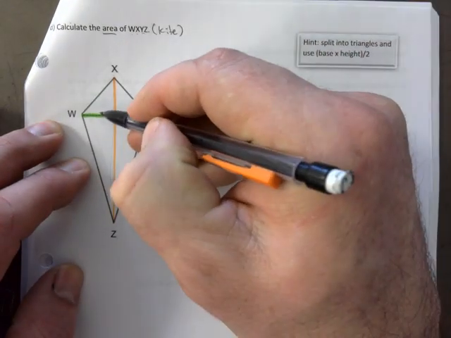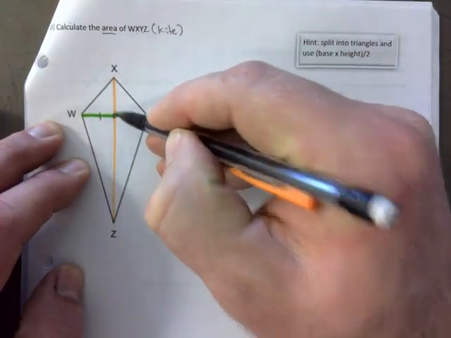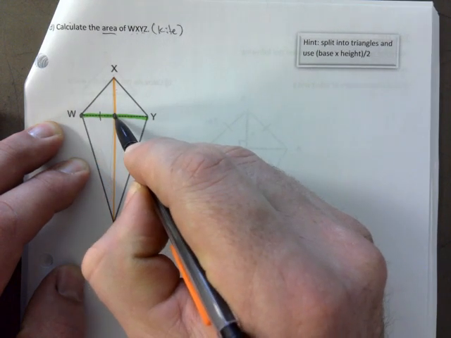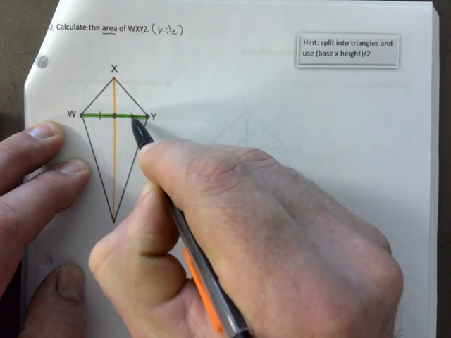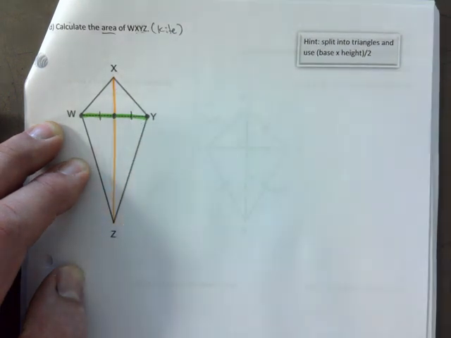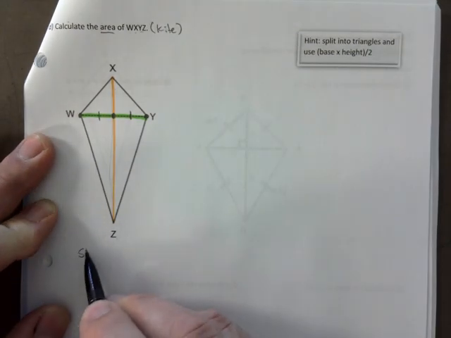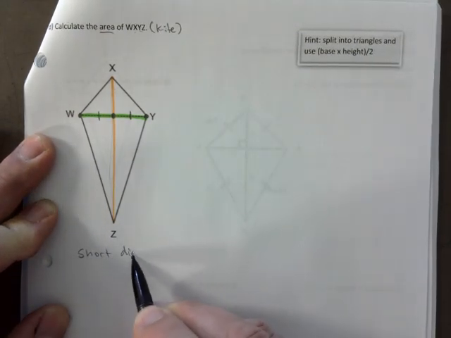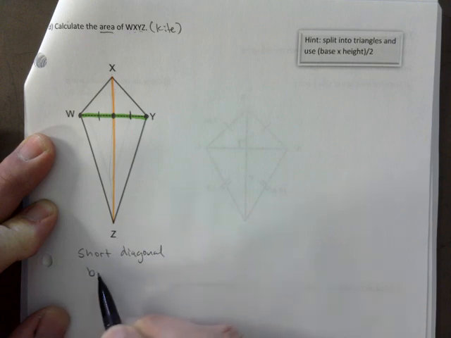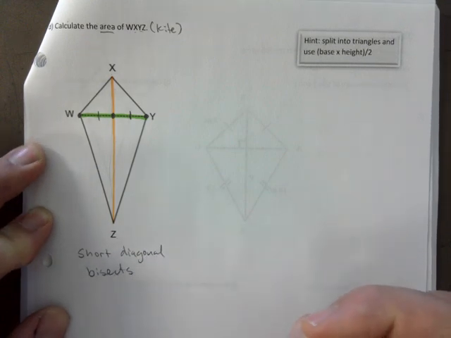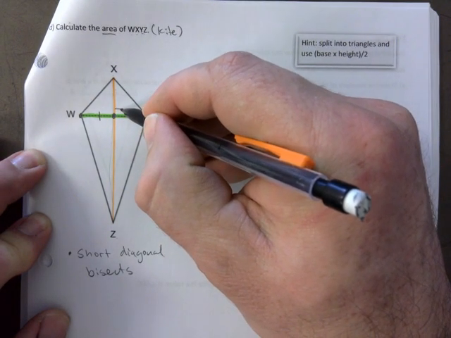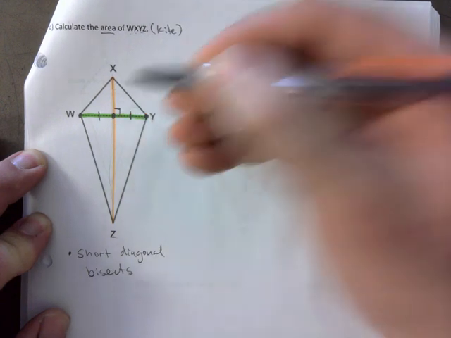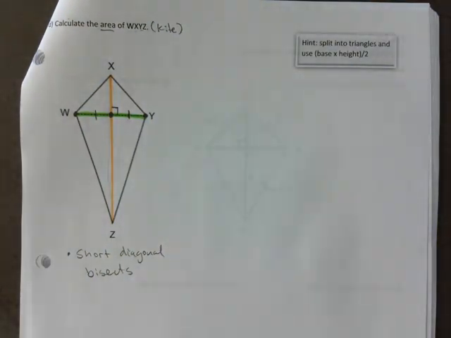So we know that from this corner to where the long diagonal cuts it, and the other side, these two stretches are exactly the same. Okay, short diagonal bisects. Okay, what else do we know about the diagonals? They meet at a 90. We call that their perpendicular, right? So there's a lot of things, right? Those properties help us out when we work with these shapes, not just to name them, right?